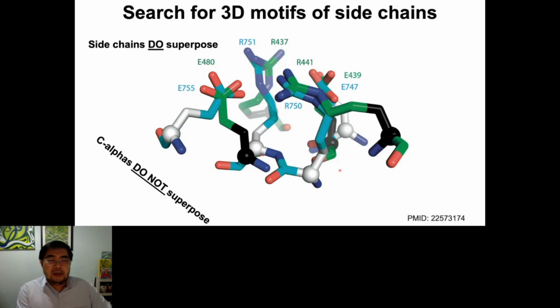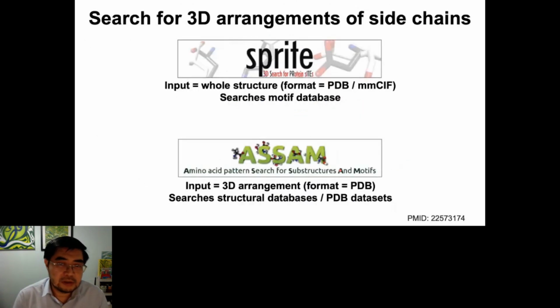So those algorithms that we develop, we made them into programs that are web accessible, and one is called Sprite, which takes a whole structure as an input. It can be in the format of a PDB file or an mmCIF file, and then it searches a motif database to find similarities.